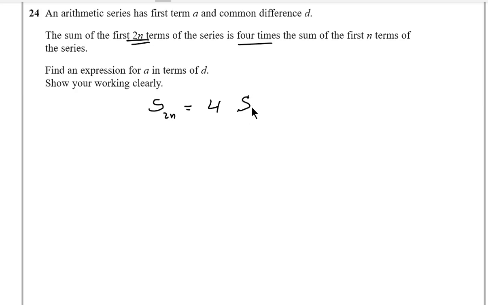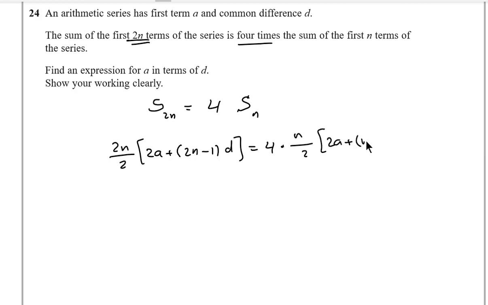From the formula sheet, S2n is 2n over 2 multiplied by 2a plus (2n minus 1) times d, equals 4 times n over 2 multiplied by 2a plus (n minus 1) times d.